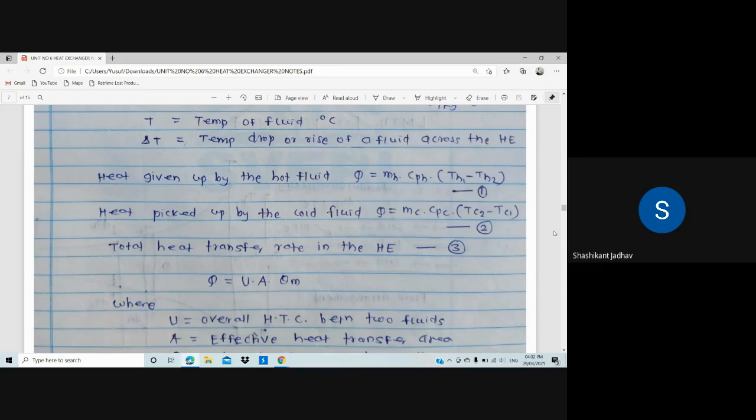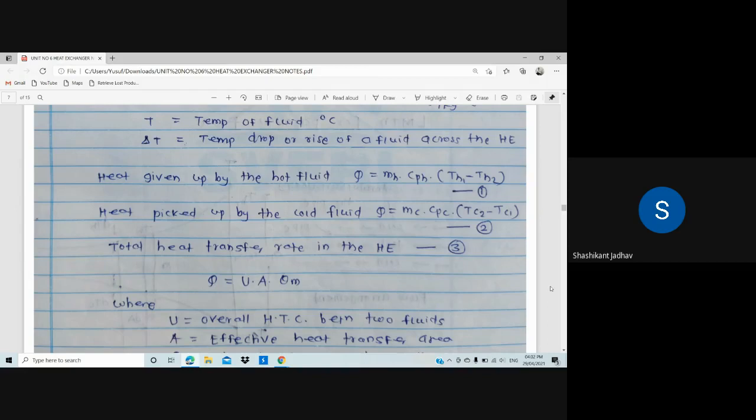When we write the equation for the whole heat exchanger, at that time we have to consider theta m, and that theta m is nothing but the log mean temperature difference. If you want to write the equation for the overall heat exchanger, we write the equation as Q is equal to U into A into theta m.